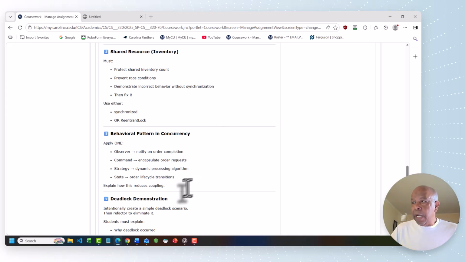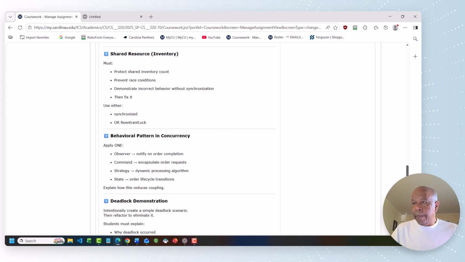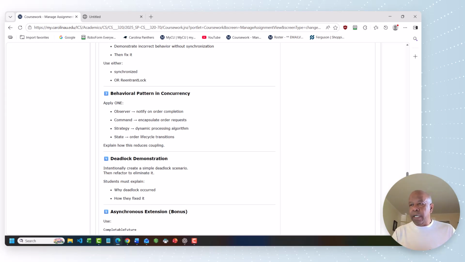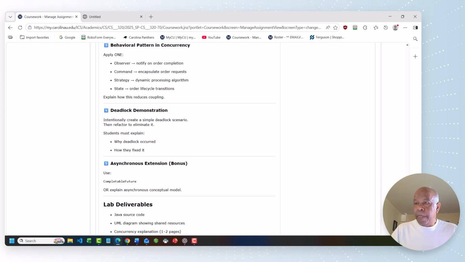And explain how this reduces coupling. Deadlock demonstration: here, we want to intentionally create a simple deadlock scenario, doing this on purpose. Then refactor to eliminate it. Students must explain why the deadlock occurred and how they fixed it.